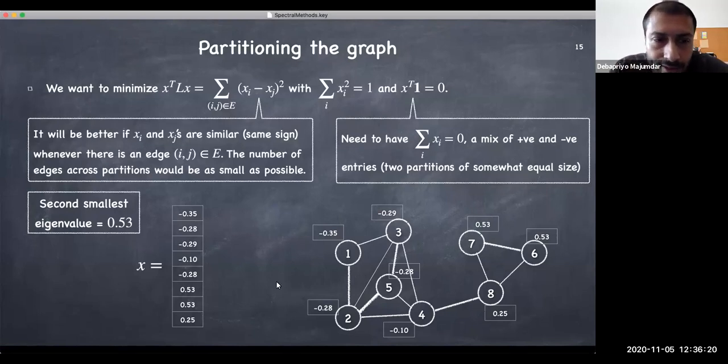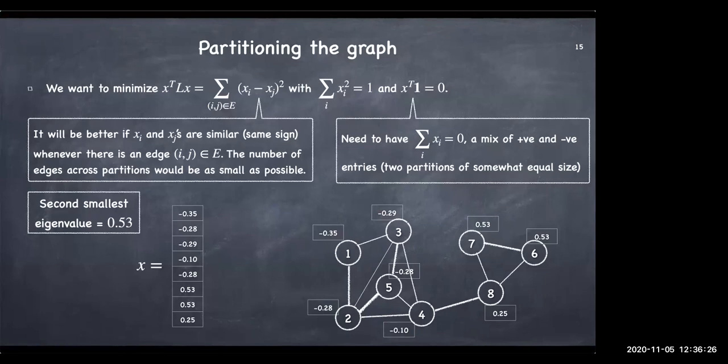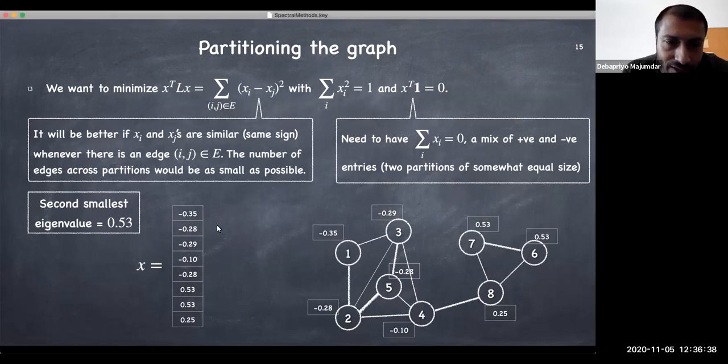And then we know that for any connected graph, 0 will be one eigenvalue with the constant eigenvector, and then we were interested in the second eigenvector. Okay, and the second eigenvector actually gave us a nice partition of the graph into two different partitions.